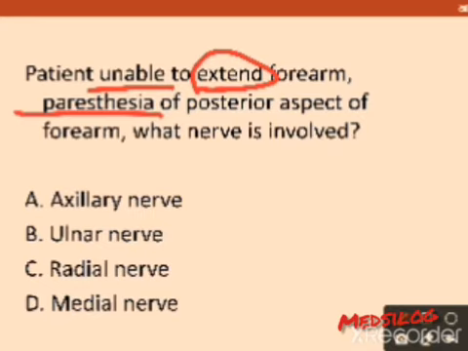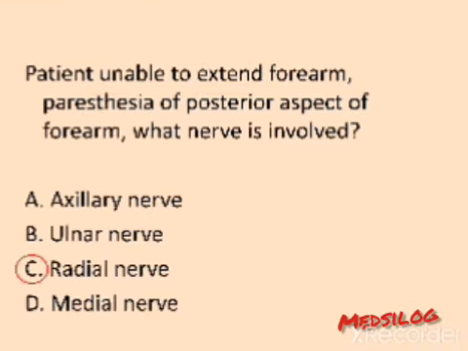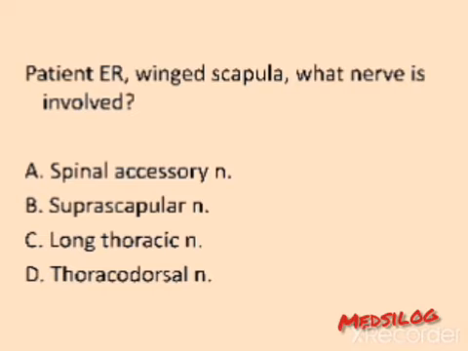This is posterior, so the correct answer would be radial nerve. There are two nerves included in your posterior cord: the radial nerve and the axillary nerve, which are your main terminals for the posterior cord. The best answer would be the radial nerve, because the radial nerve is the one responsible for the extensor muscles in your forearm.